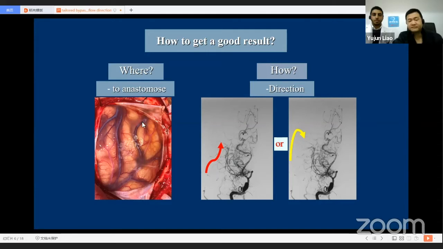This is the first question. The second question is, if we select a recipient artery, in which direction is better? Like in this patient, the blood flow comes from proximal to distal, so which direction should we perform the anastomosis? I will talk about these two things next.